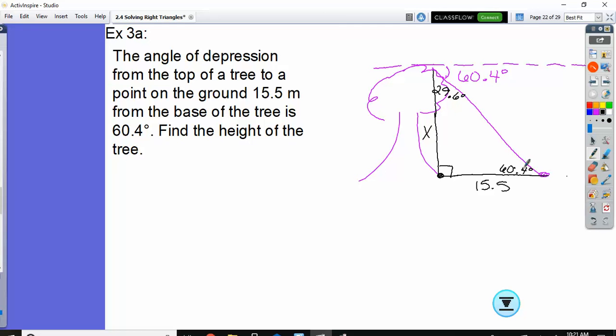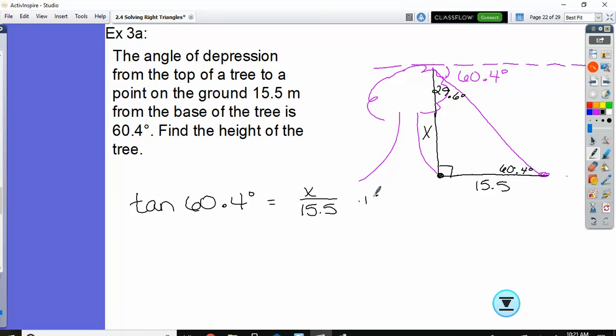If I use this 60.4, x is opposite, 15.5 is adjacent. What trig function is that? Tangent. So I could say the tangent of 60.4 degrees equals my opposite side x over the adjacent 15.5.